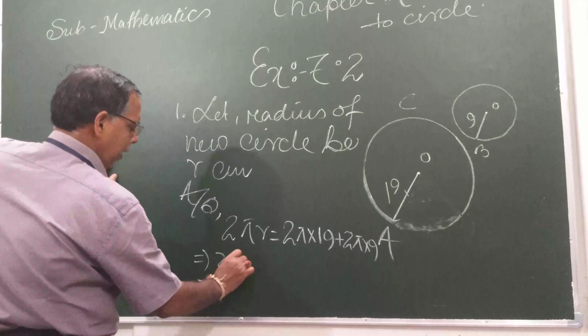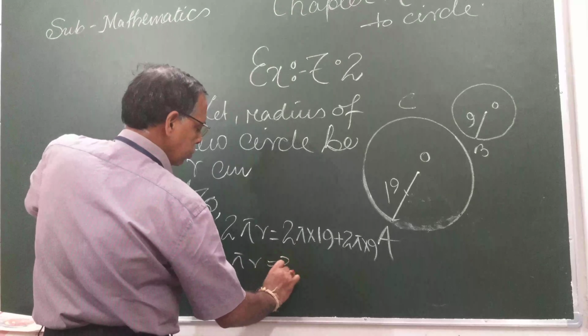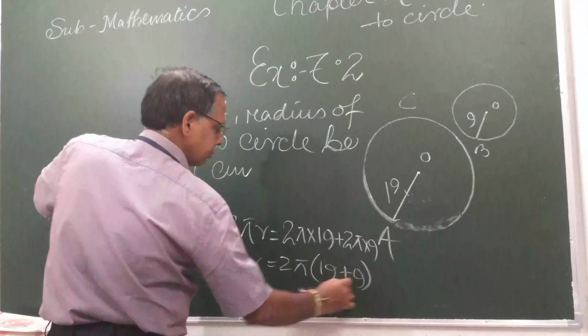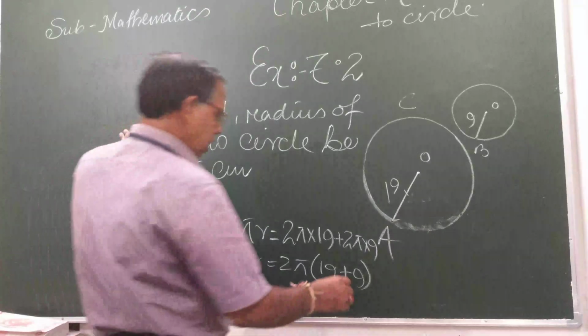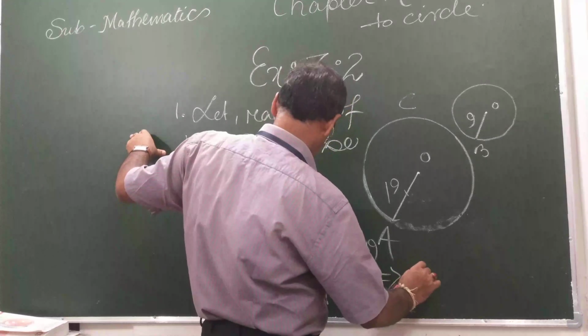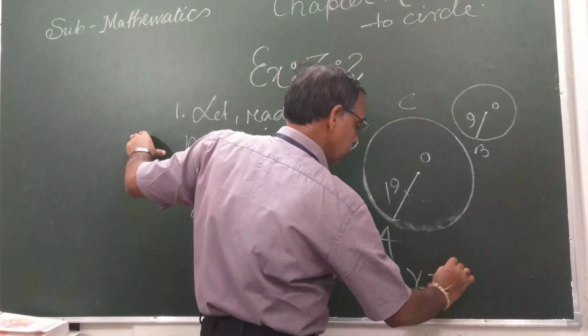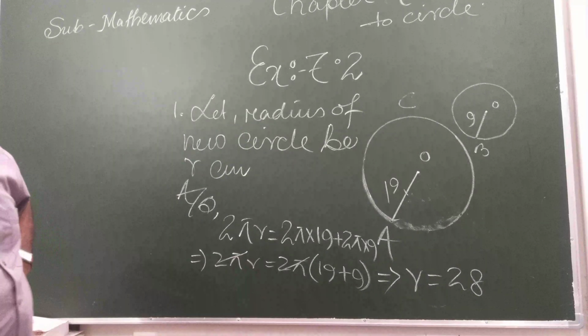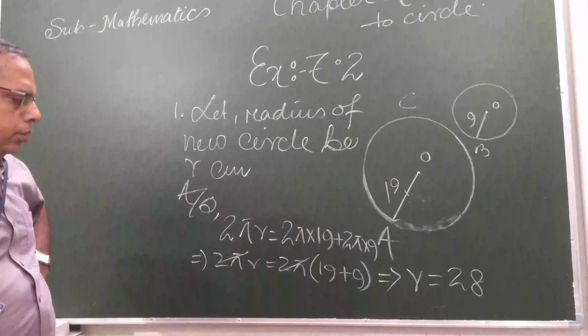This implies 2 pi R equals 2 pi times (19 plus 9). Ultimately, 2 pi cancels. R equals 28. R equals 28 centimeter.